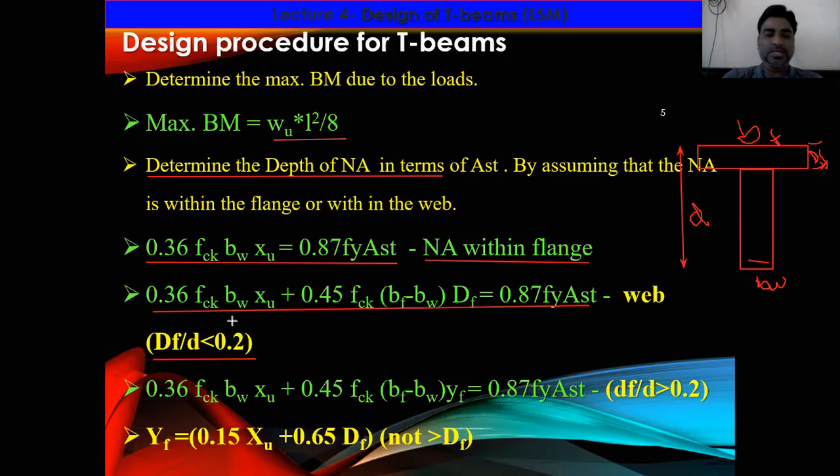Here the compression force is divided into two parts as we discussed earlier: the compression force taken by the web and the compression force taken by the flange, right? And that should be equal to the tension force. So 0.36 fck bw Xu + 0.45 fck (bf - bw) Df = 0.87 fy Ast. From this equation, you can determine Xu in terms of Ast.